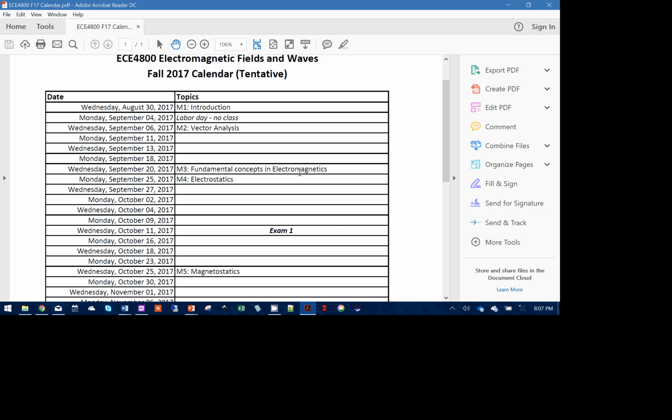The reason we go over these vector operations is because they are used to solve problems in electromagnetics. For those of you who've taken physics classes before, you end up using those vector concepts quite a bit.